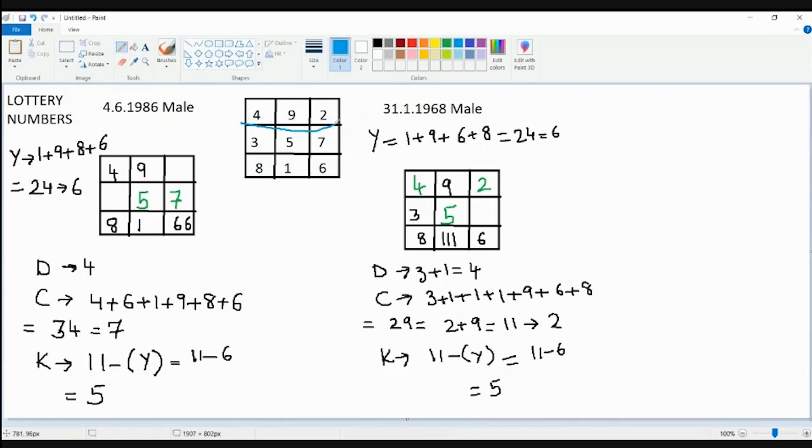See, 492 plane is one of the yoga. 357 plane is one of the yoga. What is the significance, I'm going to tell you in the subsequent videos. 816 is another yoga. Now 438 is another kind of a yoga. 951 another yoga. And 276 also a yoga.